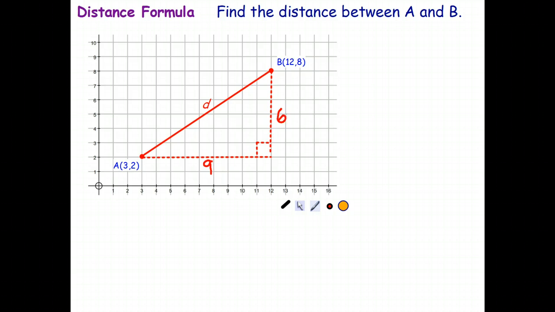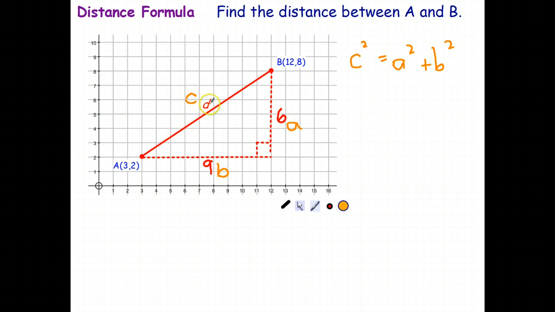Okay, now let's go ahead and actually find the value for D. So I'm looking for the hypotenuse, so I'll put the letter C there. I like to call the shortest side A and the other leg B, and we know using those letters the Pythagorean theorem is c squared equals a squared plus b squared.